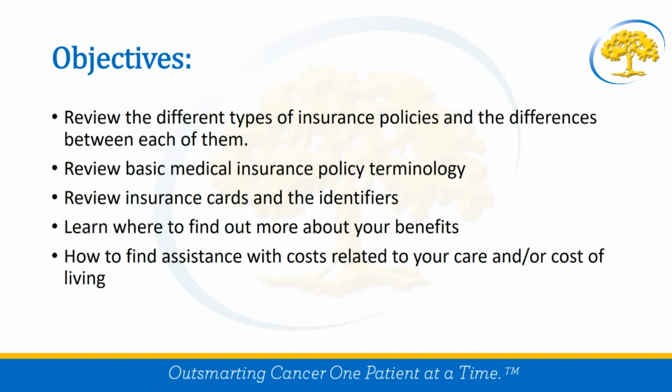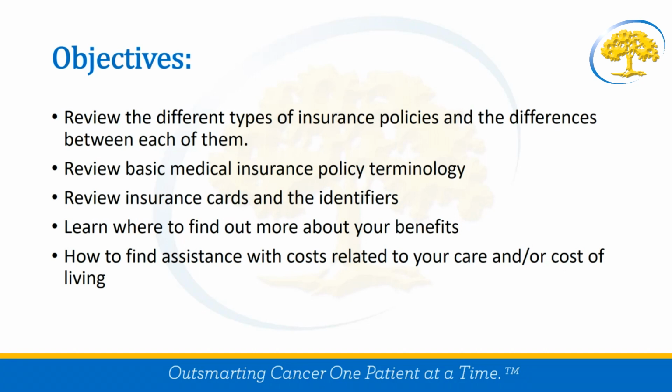We're also going to look at some insurance cards and identifiers. I'm not sure if you guys are ever asked what's your policy ID or your group ID. We're going to look at some cards so that you can see the various types of cards that are out there. We're going to learn how we can find out additional information about your specific benefits on your policy, both in Ironwood resources and outside of Ironwood.